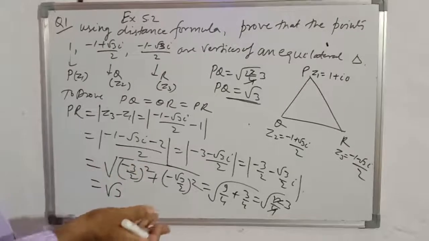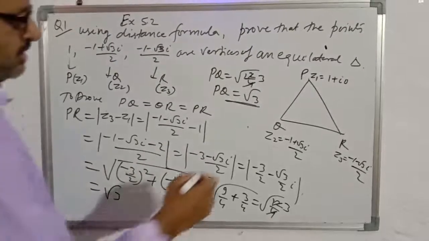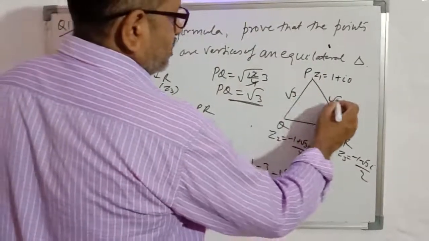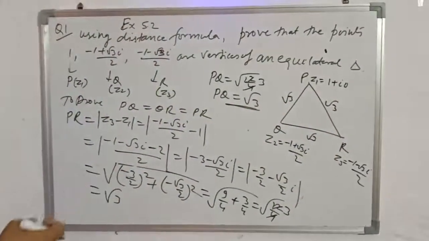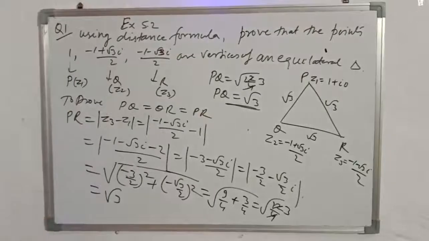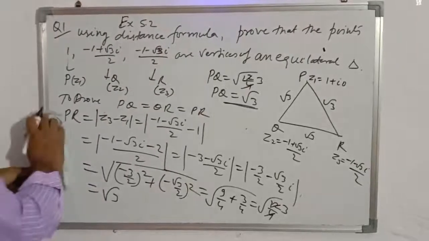So PQ, QR, PR all are equal to root 3. Root 3, root 3, root 3. So all the three sides are equal. It means these points are the vertices of an equilateral triangle.